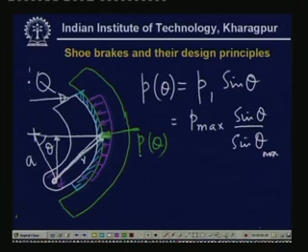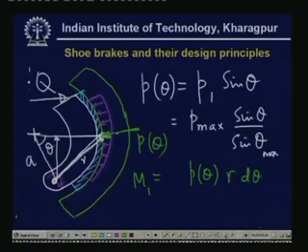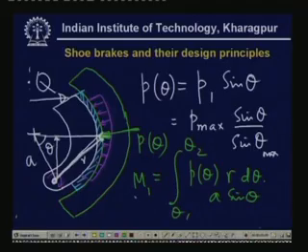Therefore, if we take this moment, the net moment of this normal force P, let us say M1, will be equal to P theta R d theta, small area, that is the force, times this length, that is A sin theta, and this is from theta 1 to theta 2. So, this is the net moment over here due to this force.